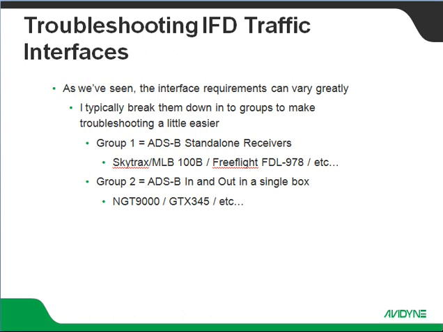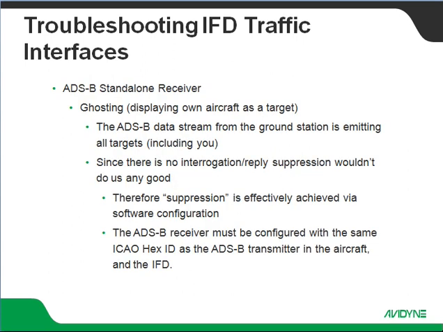And then others where the receiver is built in to your ADSB out. So it would be a transponder, single box solution type stuff. So the way we're going to go about troubleshooting those might be a little bit different, depending on what the problem is. But it's pretty important to kind of get your head around what does my installation look like, and what can affect those things, right?